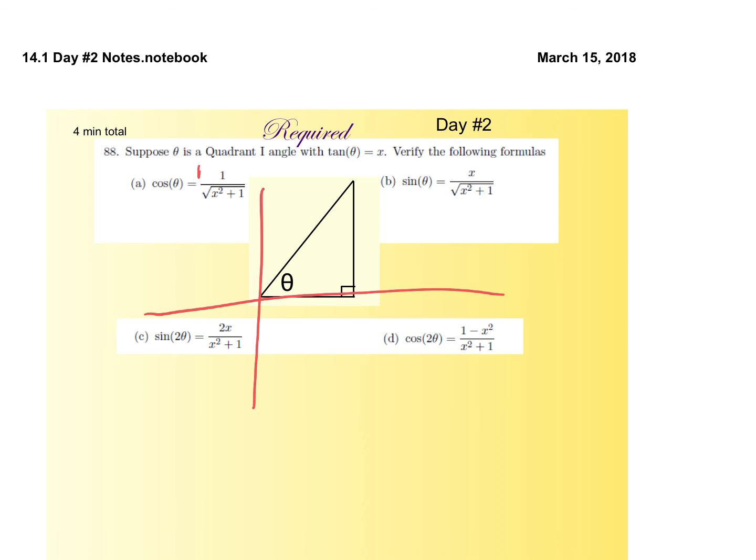Cosine is adjacent over hypotenuse, 1 over square root of x squared plus 1. You could figure out this other side here from a squared plus b squared equals c squared. If this is 1, what would this have to be so that this would be 1 squared plus x squared? Maybe x? All right, anyway.